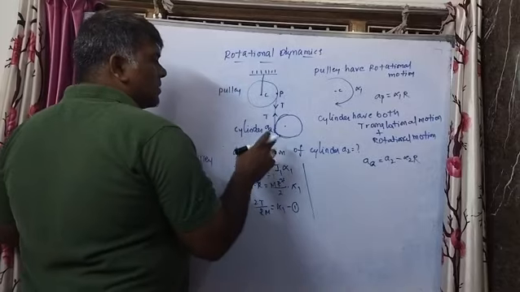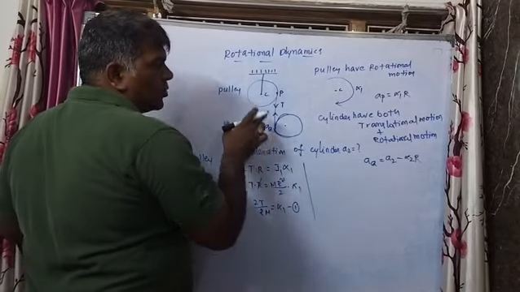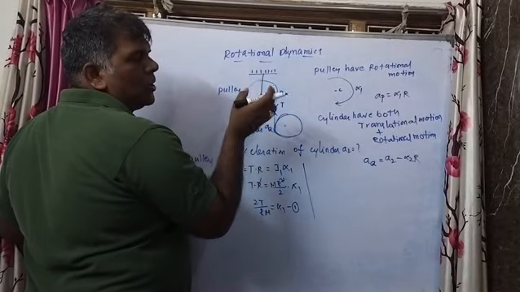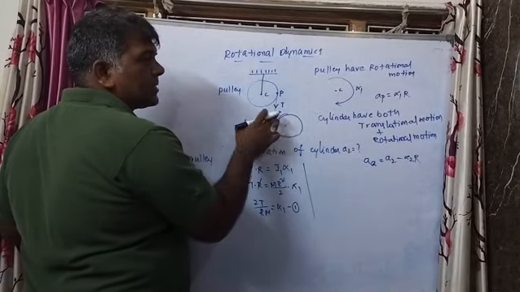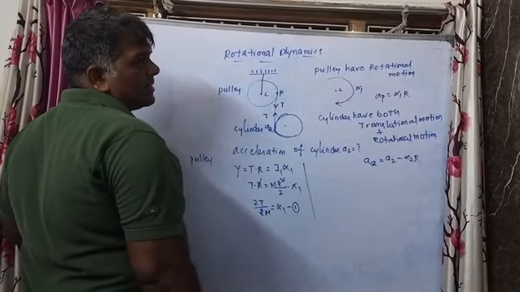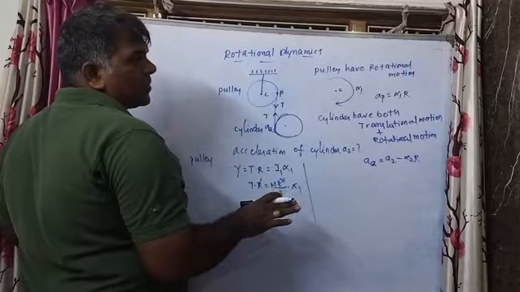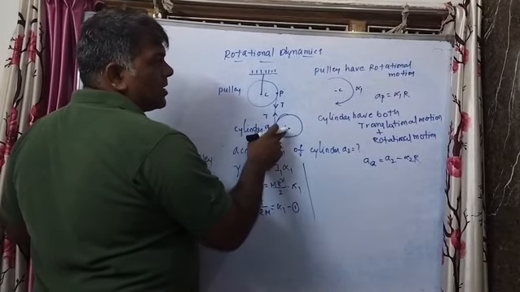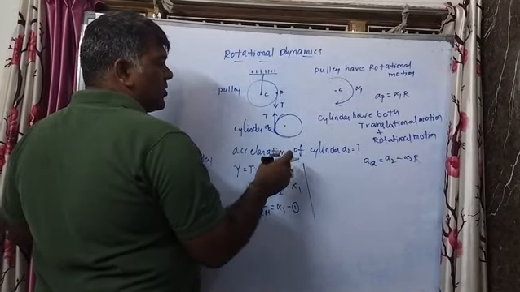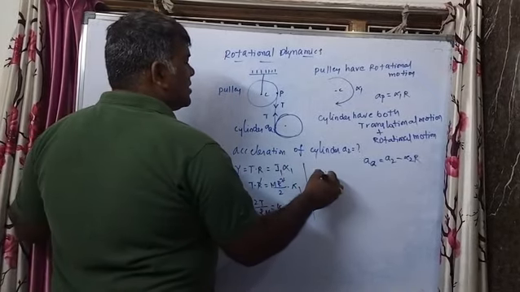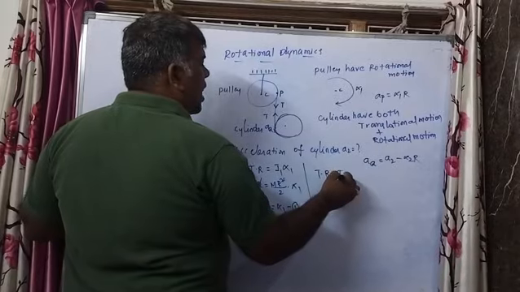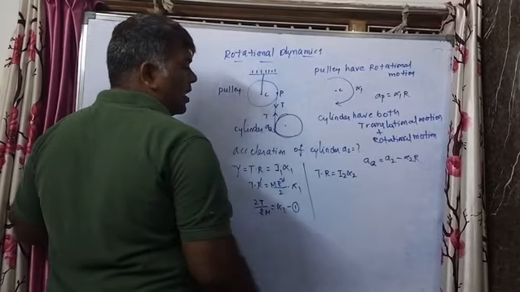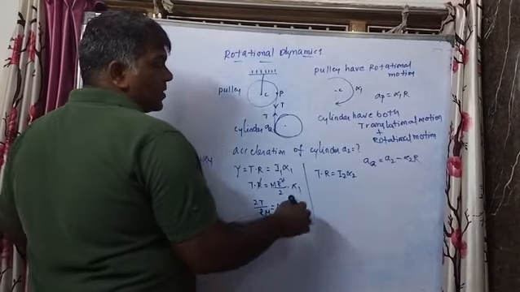Similarly, for the cylinder, torque is also acting. The pulley radius and the cylinder radius are both identical in the concept. The tension produces the torque, so T into R is equal to I2 into alpha 2.